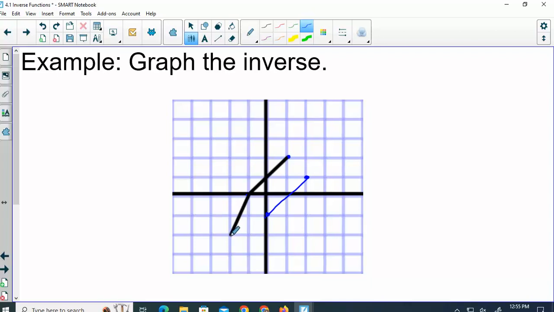This is -2, -2. And you can kind of see the line y equals x goes through the middle of that if you graphed it. Questions about anything that we've covered so far?